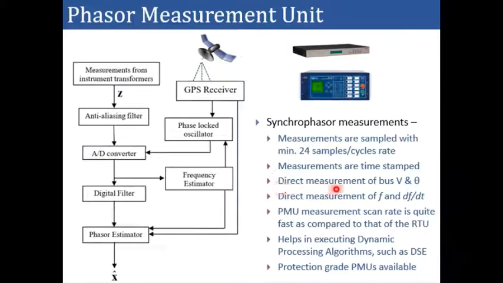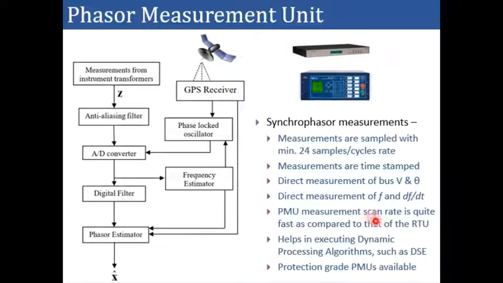We can measure the voltage magnitude as well as angle directly with the help of the phasor measurement unit, and angle measurement is the biggest advantage we have with the phasor measurement unit. We can also have direct measurement of frequency and the rate of change of frequency using the synchrophasor unit.